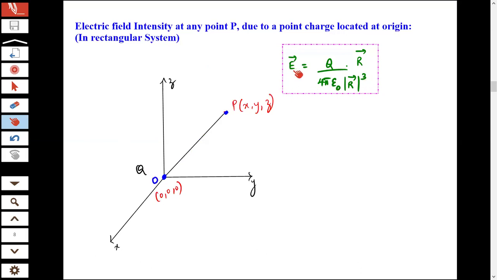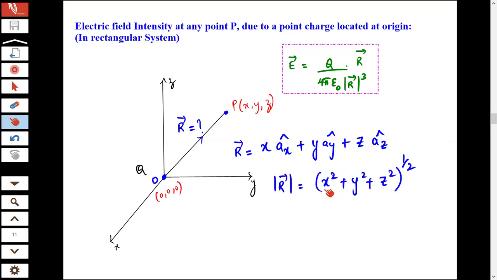So we first have to find the displacement vector from the charge point to the observation point P. If we consider the rectangular system, the observation point P is at x in the x coordinate, y in the y coordinate, and z in the z coordinate, then the vector R can be written as x ax cap plus y ay cap plus z az cap. Likewise, we can find the magnitude of vector R from this expression, which is the square root of x square plus y square plus z square.